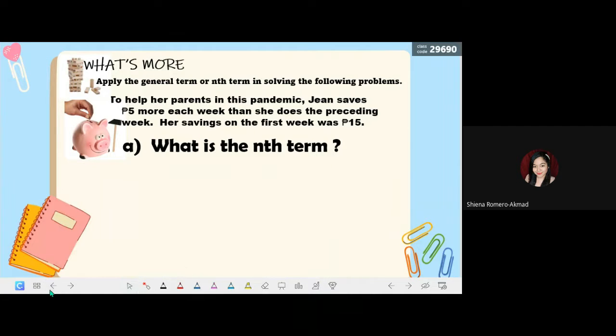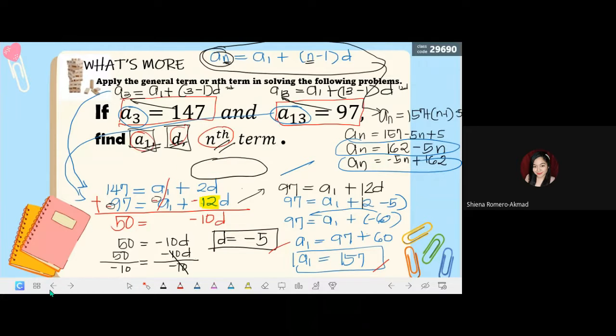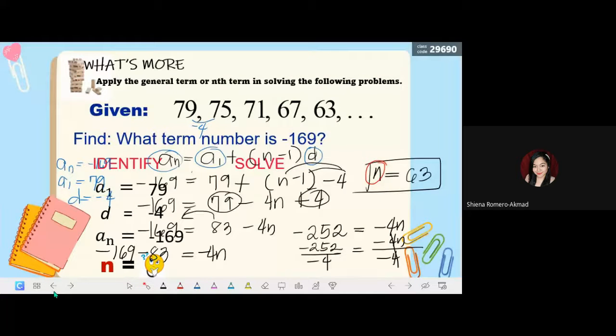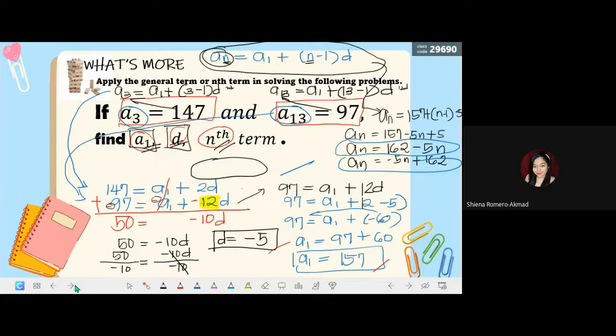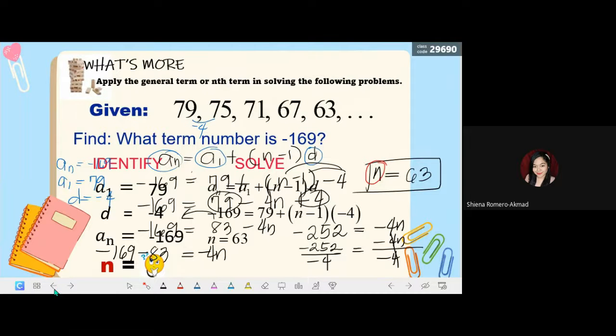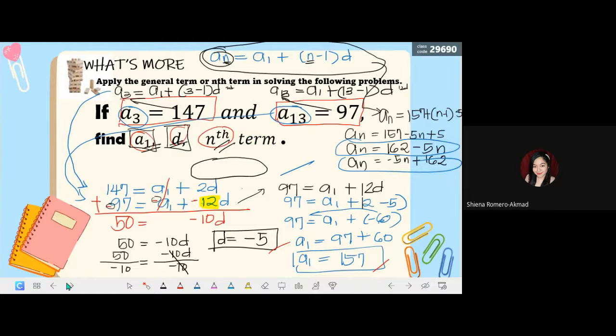Ito ba yung sinasabi mo? Ito? Ang pang ilan siya? Opo. Bakit? 63 naman talaga siya. Oo nga, pang 63 siya. Ano yung sinasabi mong wala?